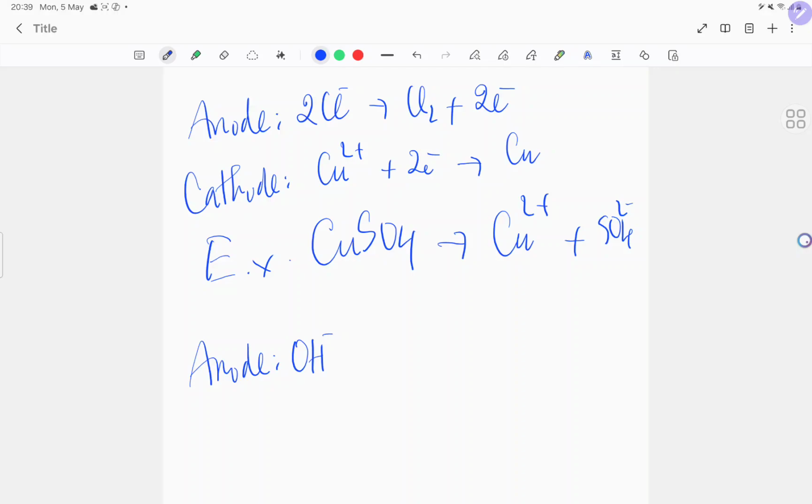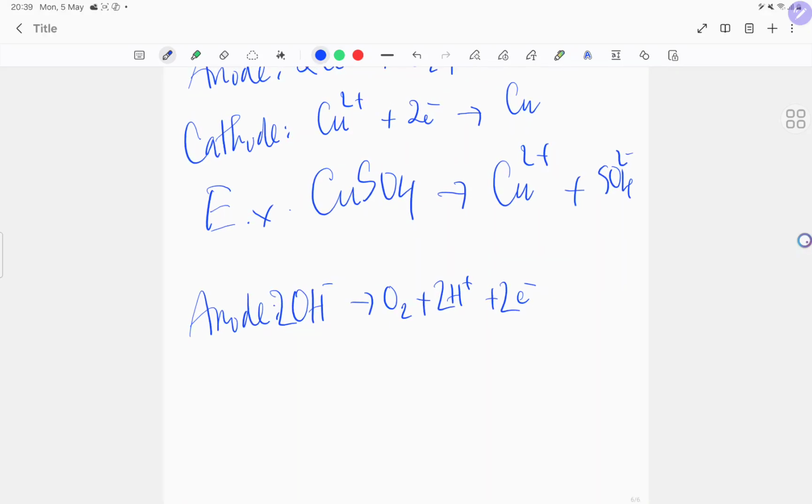It becomes O2 and H plus. So when there's an ion having O, oxygen will be formed.